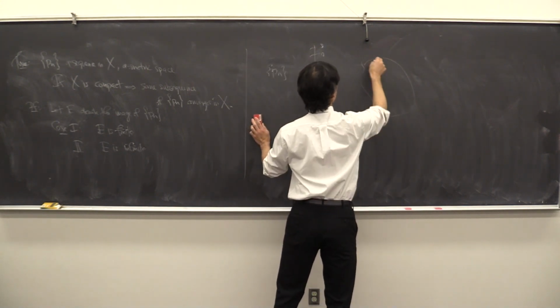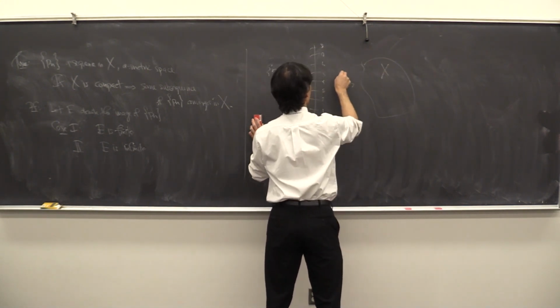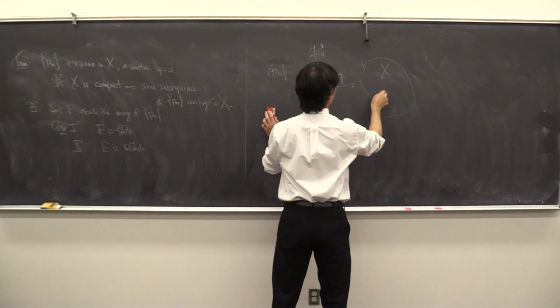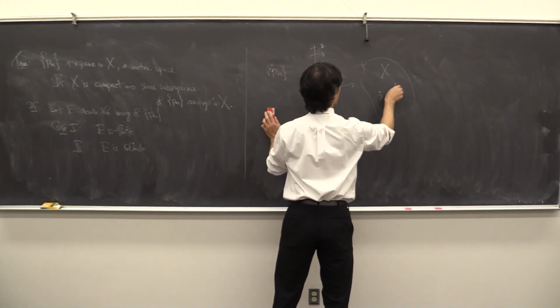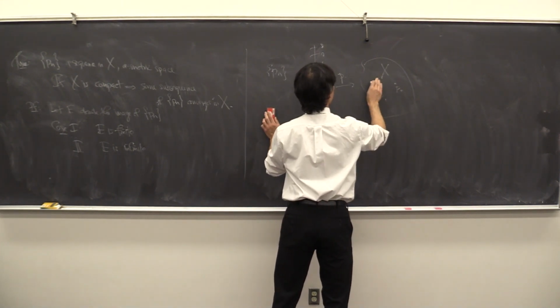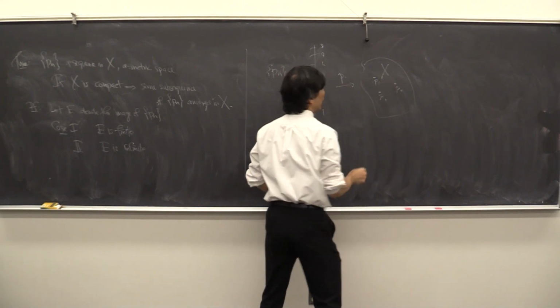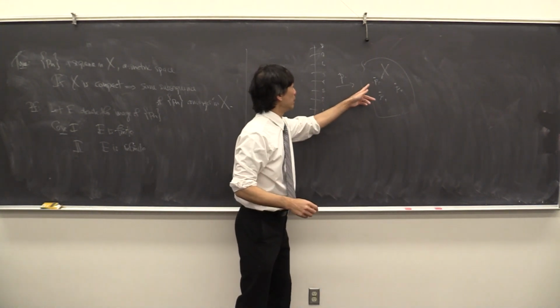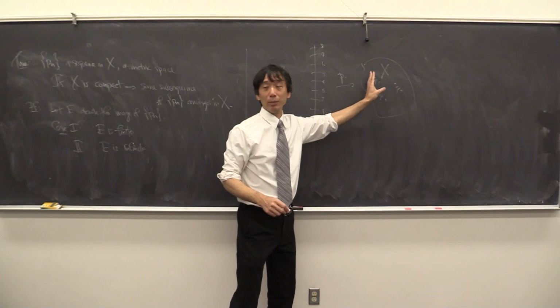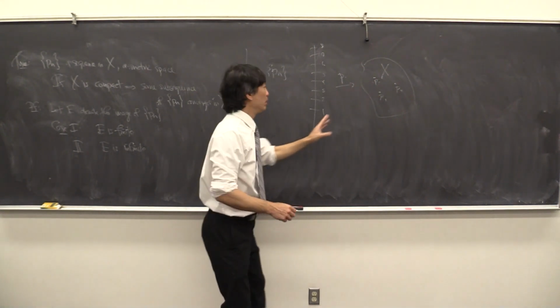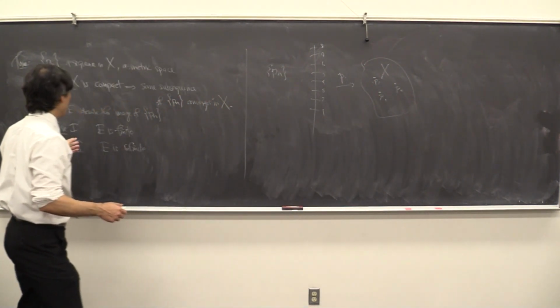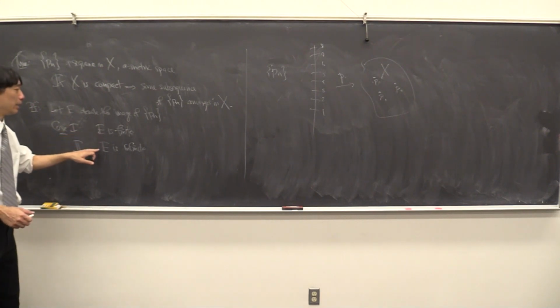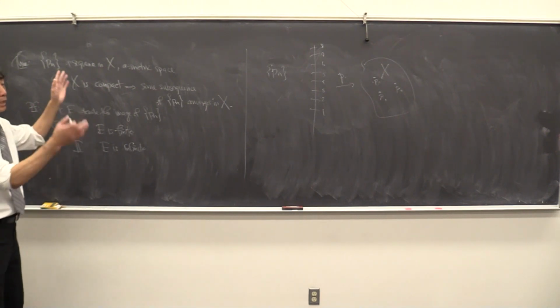Here's your metric space X, maybe P1 is here, and P2 is here, and P3 is here, but after that there are no new points. Maybe your image is finite. So we'll divide it into two cases: if E is finite, and if E is infinite.